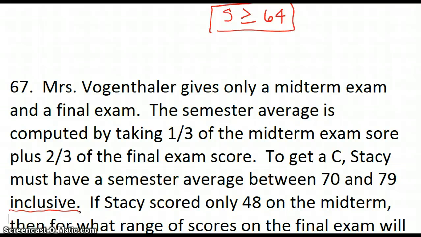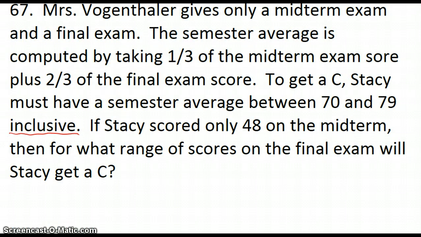If Stacy scored a minimum of 48 on the midterm, then what range of scores on the final exam will get her a C? Well, the semester average is 1/3, so let's let x equal the total average.